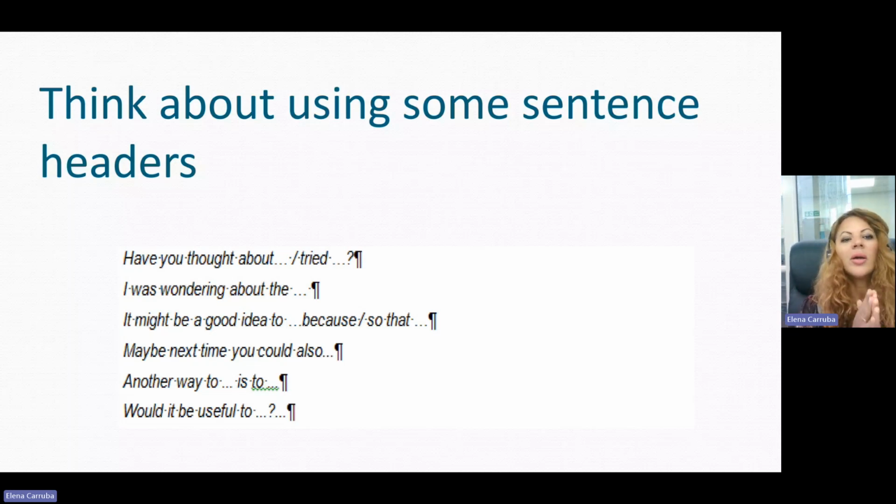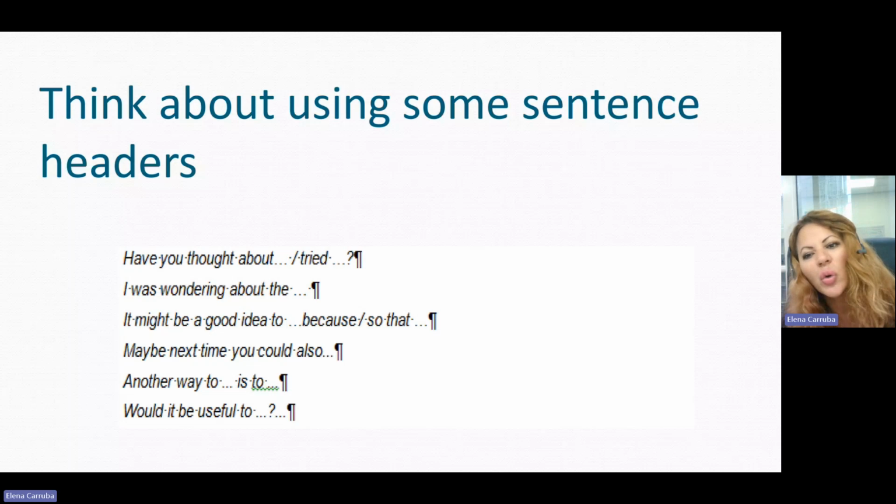Okay. Now think about using some sentence headers. So: have you considered, I was wondering about the way you have presented this, it could be more effective if we use also this strategy.